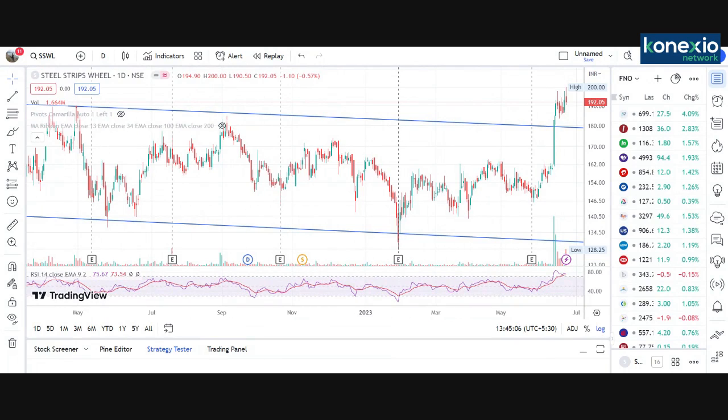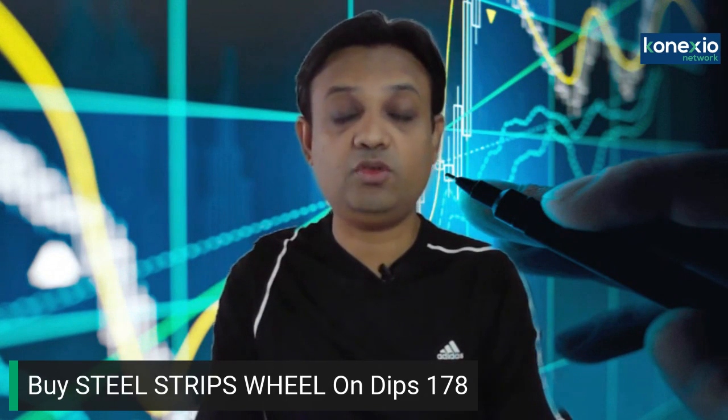So yes, the stock has witnessed a flag pattern breakout. For long term, the stock is looking promising for investment for at least the next 18 to 24 months. But I would like to just take a short term view. So positional traders or swing traders can accumulate the stock on dips to 178 for an upside target of 230 in the next 4 to 5 months.